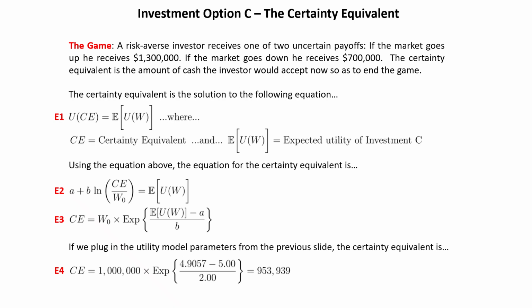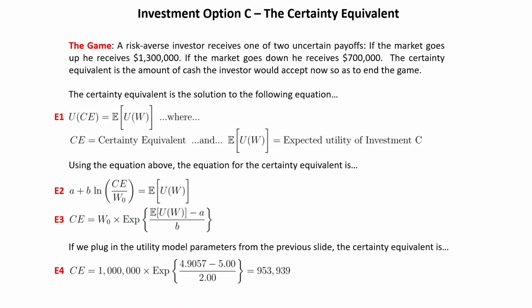So if we plug in the utility model parameters from the previous slide, the certainty equivalent is E4. What we're saying is our certainty equivalent is W0, which is our initial wealth, a million, times the exponential of our expected utility from that investment, which is 4.9057, minus A over B. If we go through the math, our certainty equivalent is $953,939.